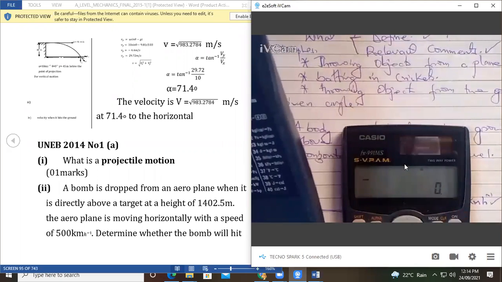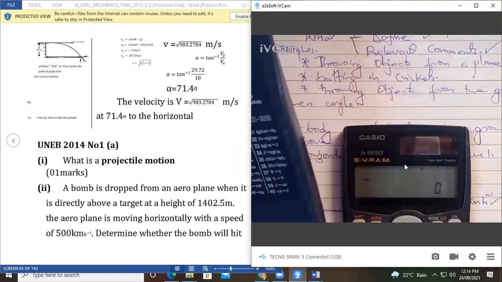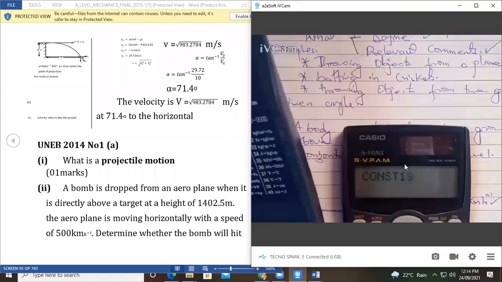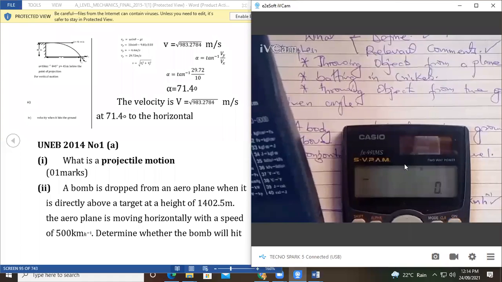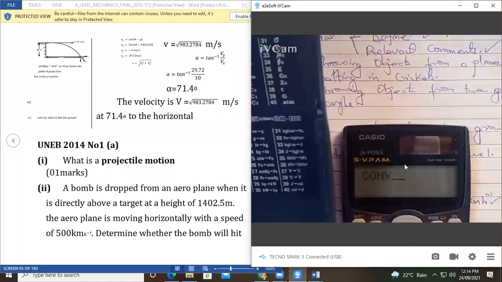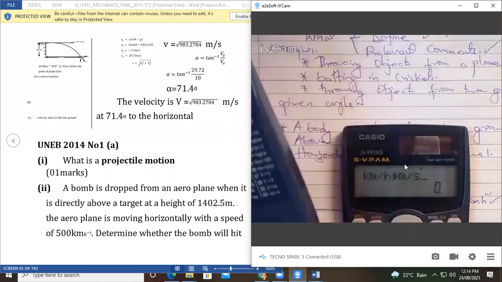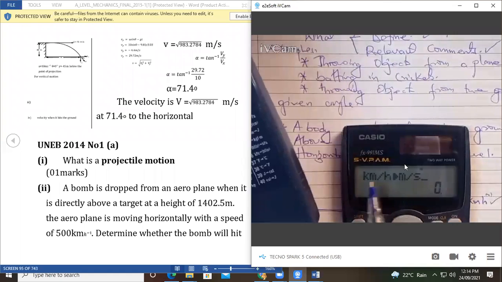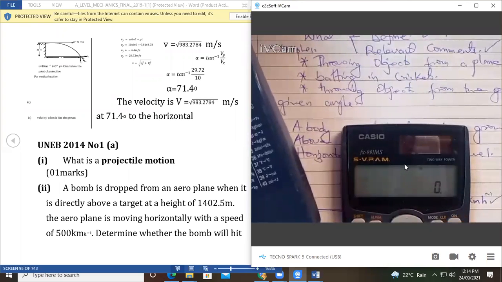So you press shift, constant, 19. This one shows that you are converting from kilometers per hour to meters per second. So you press what you want to convert, like here we have 500, shift convert 19.